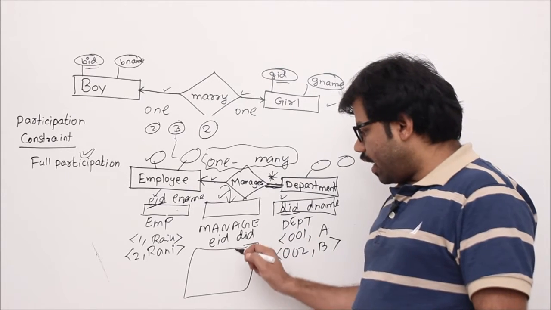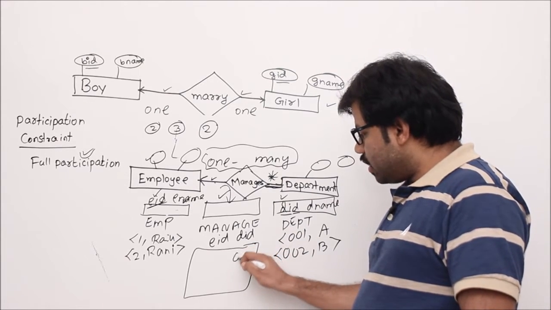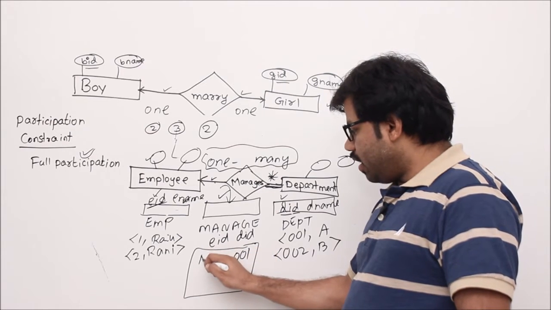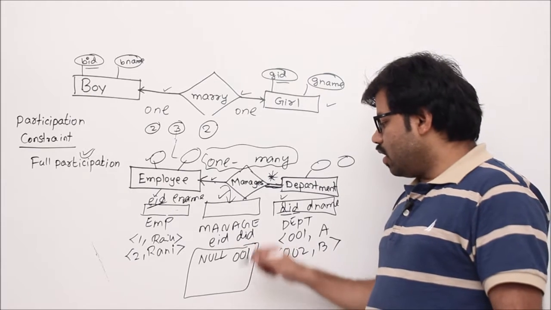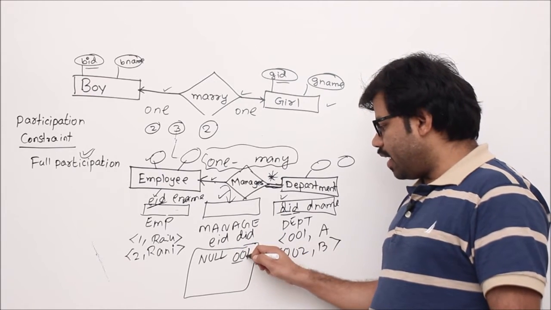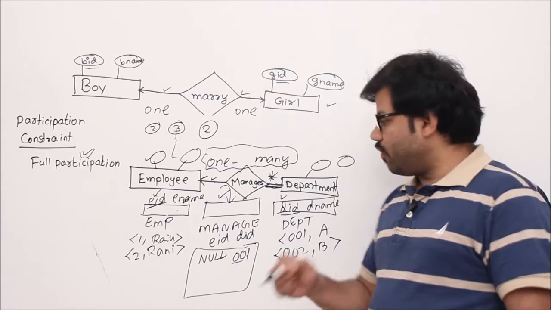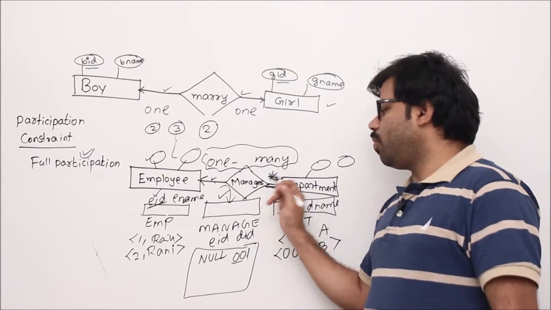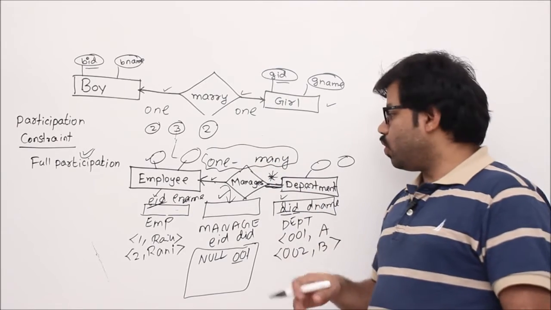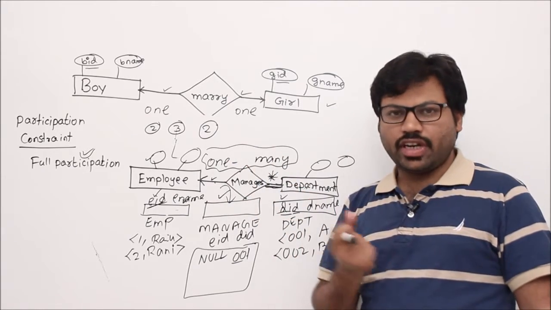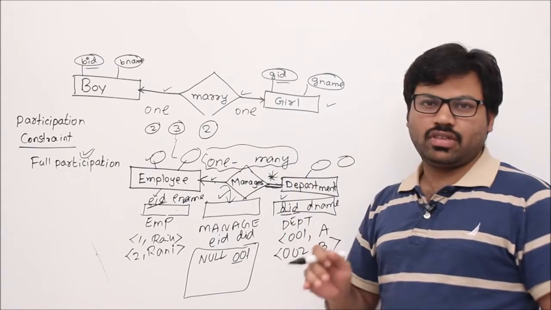What if someone writes department ID 001 and employee ID null? We should stop it, correct? What's the problem with this one? This information says that the department doesn't have any manager, but we know that every department should have full participation. That means theoretically, if you see the ER diagram, every department has a manager. We should ensure it, then only it is full participation, correct?